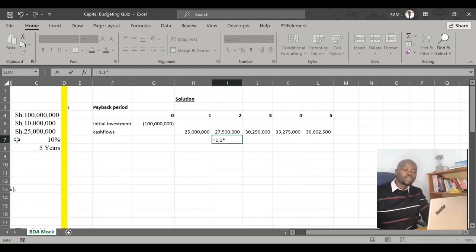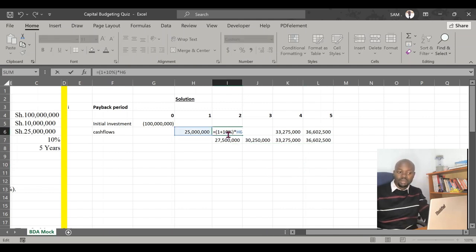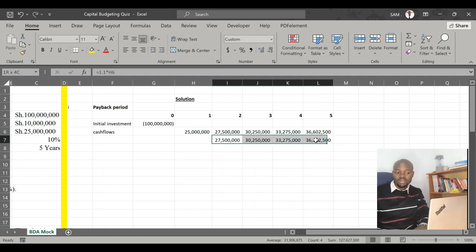So that 1.1, just multiply it by the previous year's cash flow. And there you go. I will just hit enter, and there you go. So I will just autofill, and you'll see that the cash flows using the first approach of opening a bracket and this other approach of adding the 10% on top of 100 will still give us the same cash flows to the end of year five.